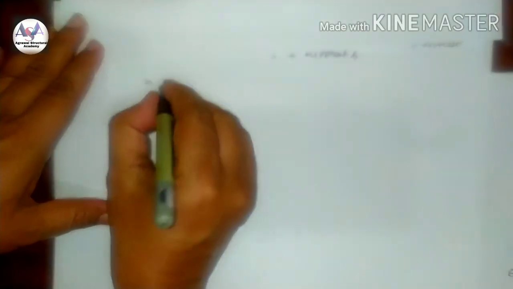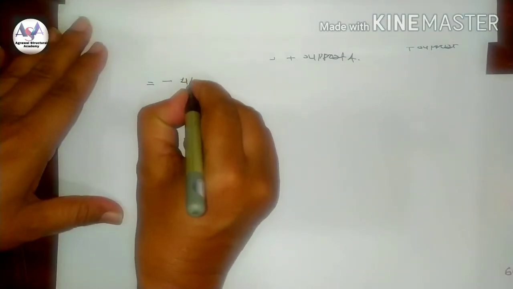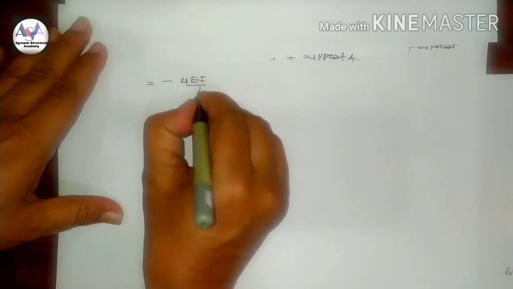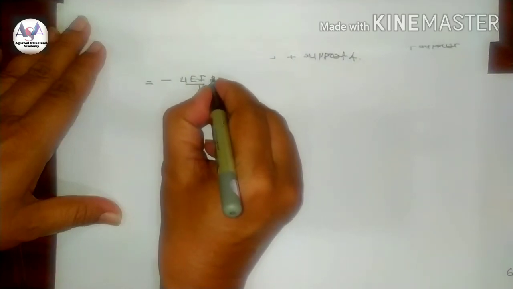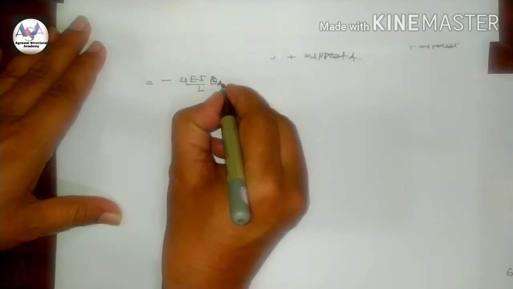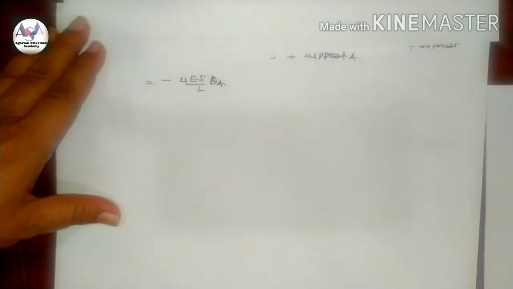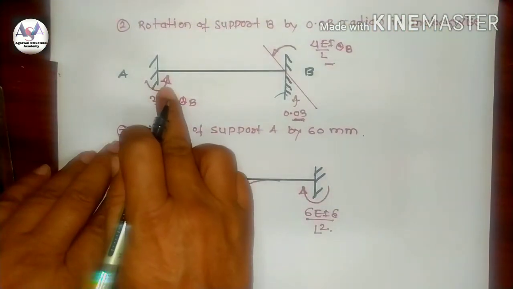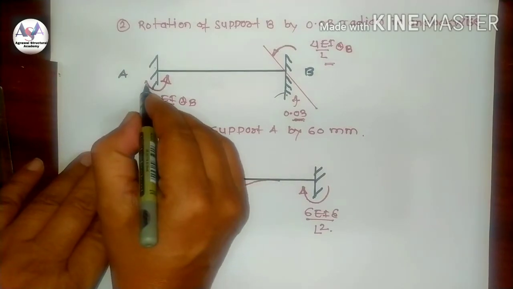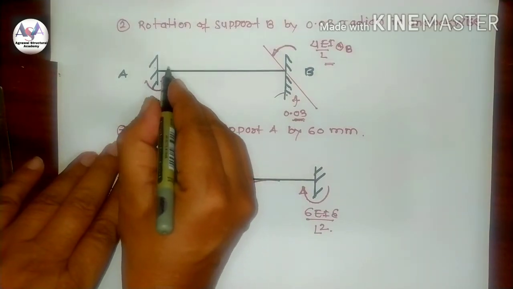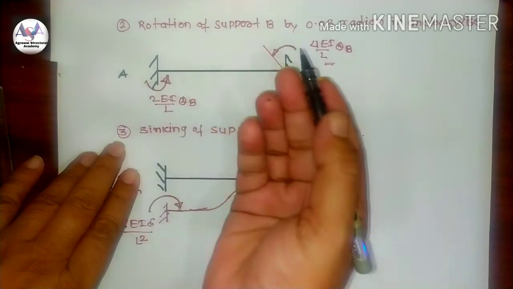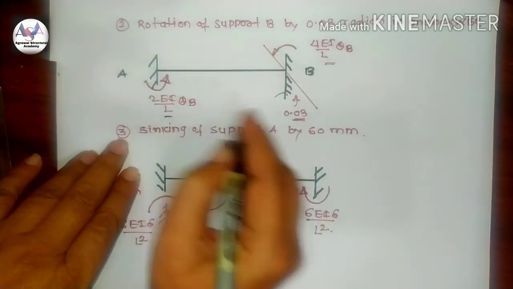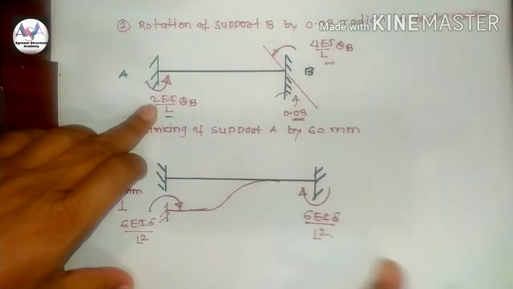So here it is minus 4 EI by L into theta A. Then due to the rotation at B, this also produces a hogging moment, since it tries to push upward. The magnitude is 2 EI by L into theta B.